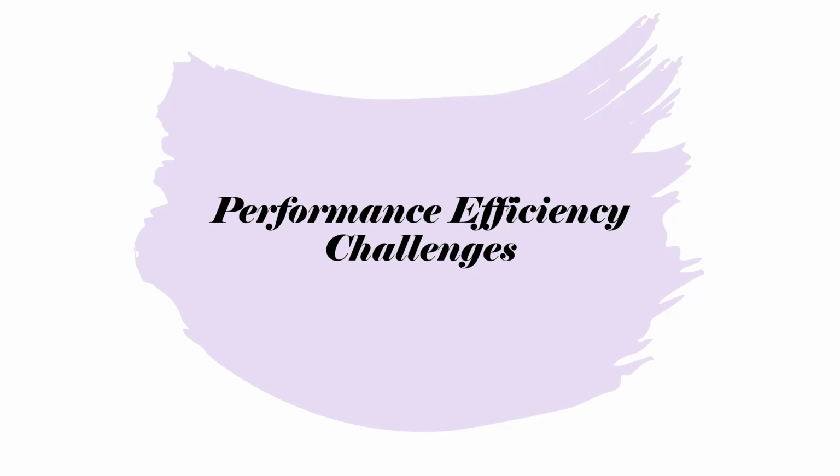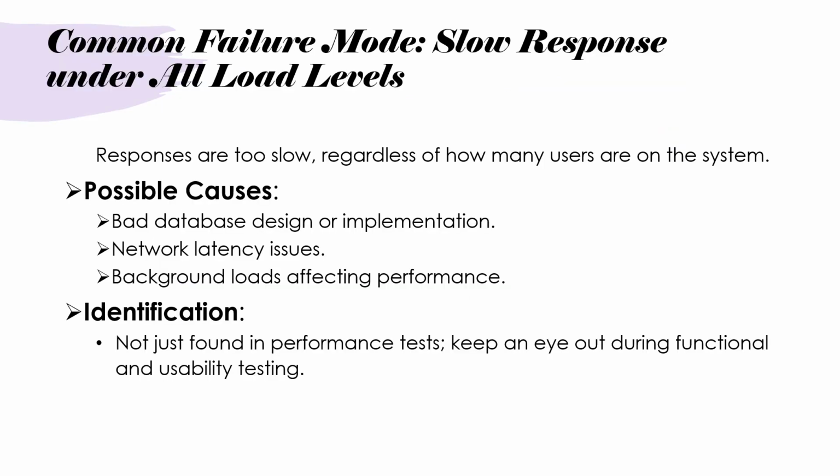Now we are going to learn about performance bottlenecks that could be identified with the performance test. First, the performance testing bottleneck that we could identify is slow response time under all load levels.